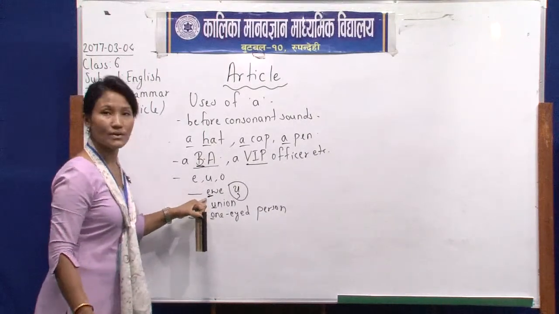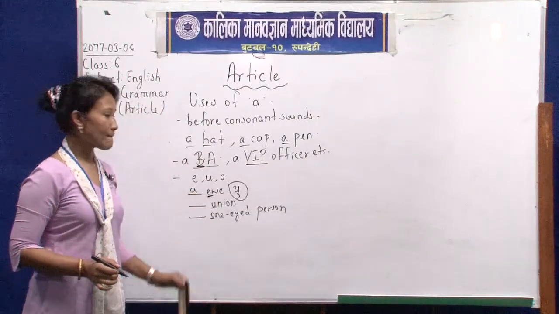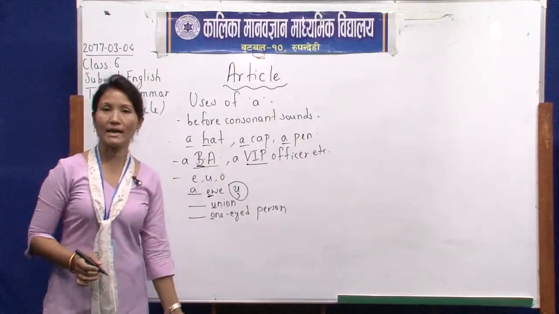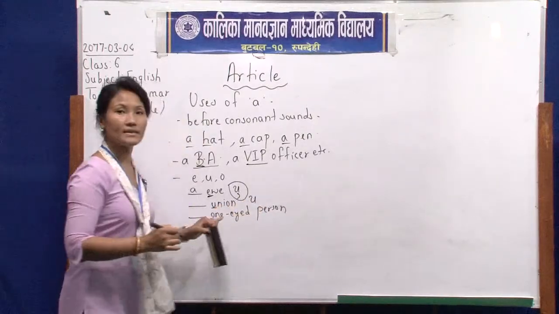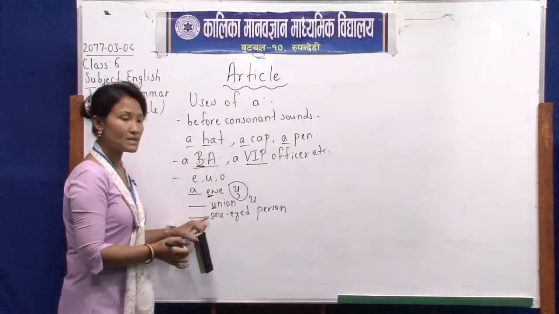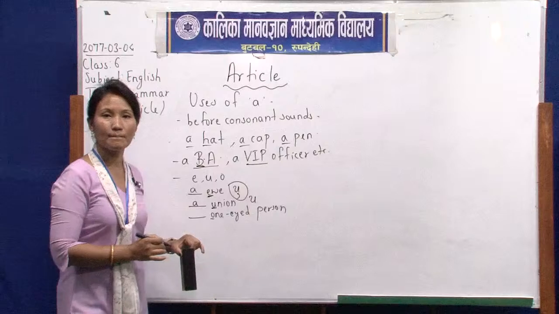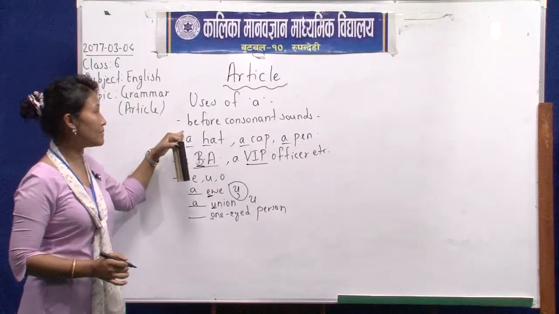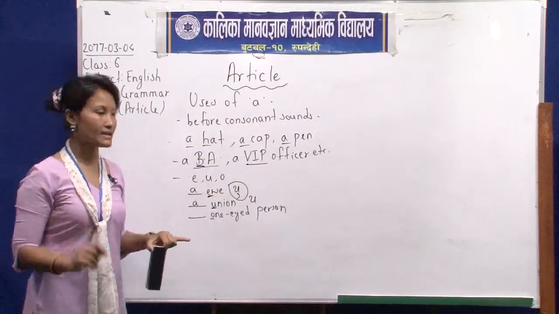Okay, you. So what are we going to use? A. Here in the second, how do you pronounce this? U-N-I-O-N. Union. Ya. Ya is a consonant. So whatever the letter over here may be, it doesn't matter, we will be using a. Because in the very first rule we learned that before consonant sounds we use the article a.